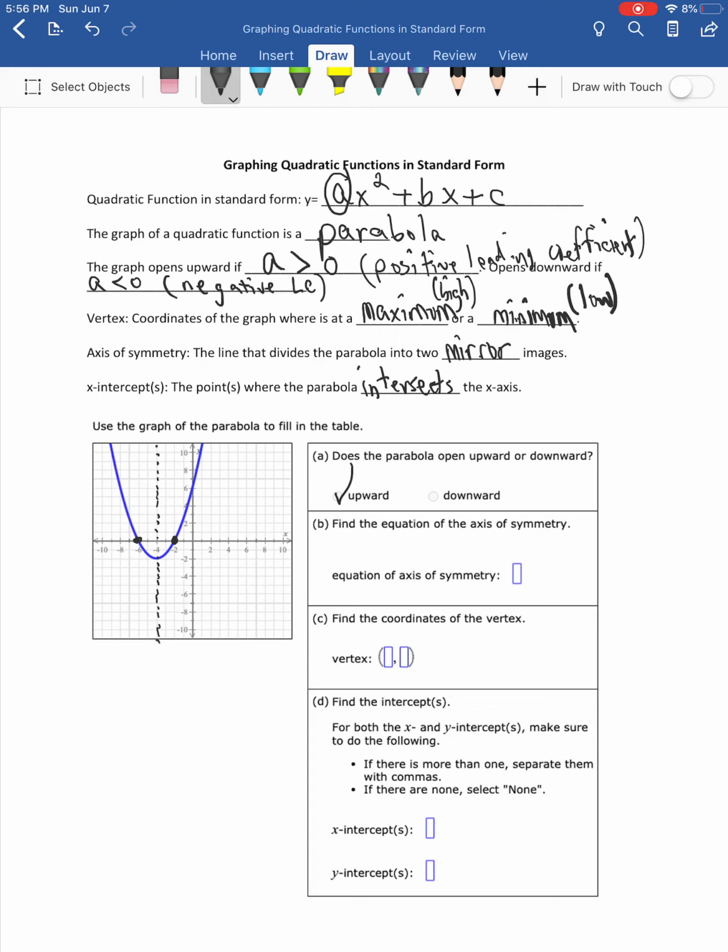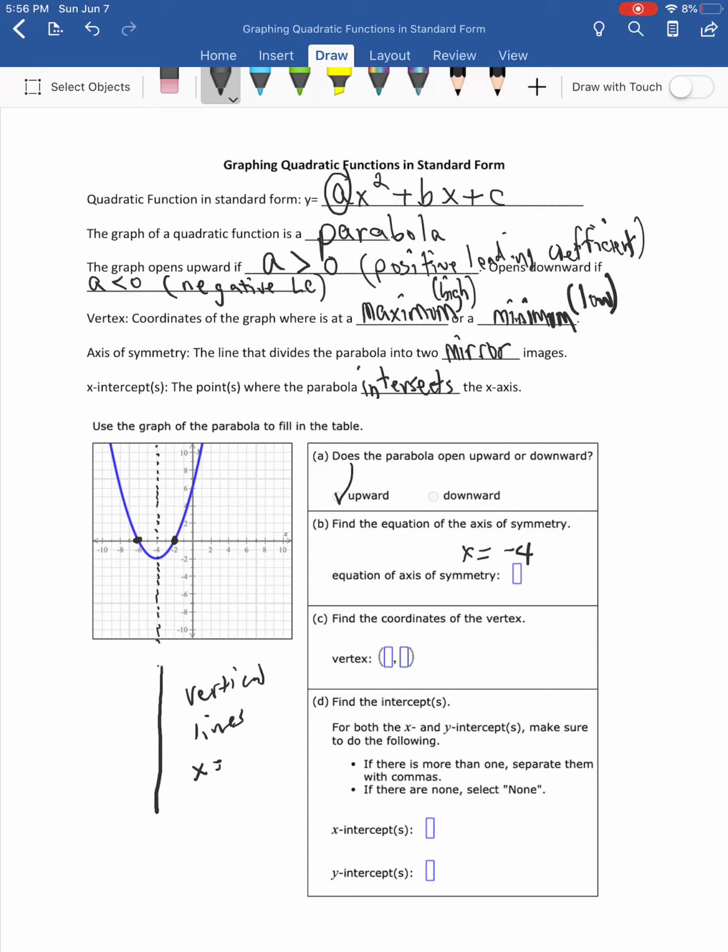So it's a vertical line intersecting the x-axis at -4. So this is the equation x equals -4. You should remember vertical lines begin with x equals. Horizontal lines begin with y equals.